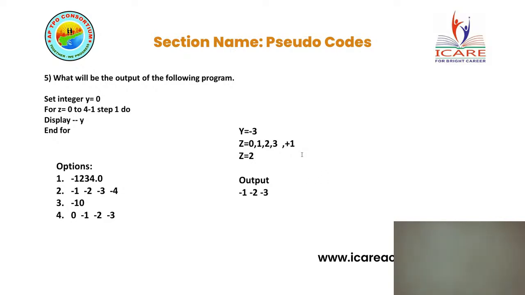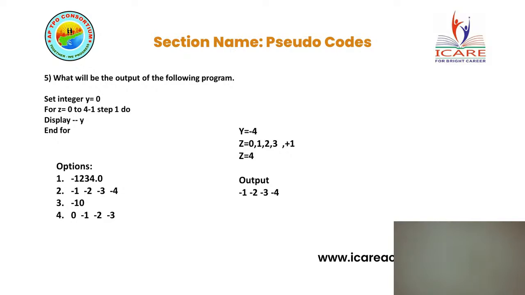After that z increments to 3. After that, in display minus minus y, minus 3 becomes minus 4. So whenever we display, we get minus 4. After that z increments to 4. Here we do not have the value 4 included in the condition.